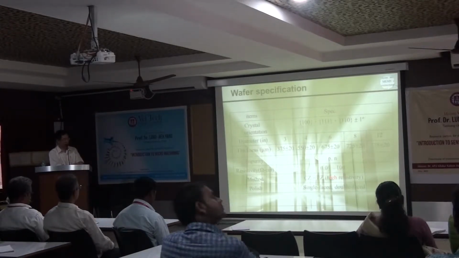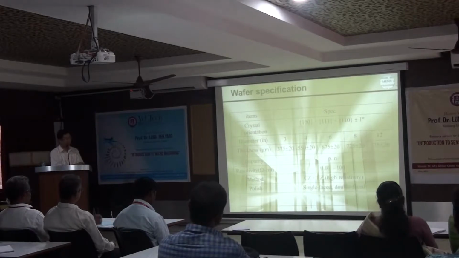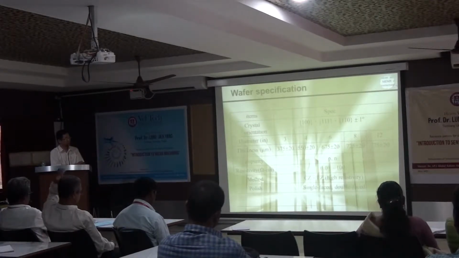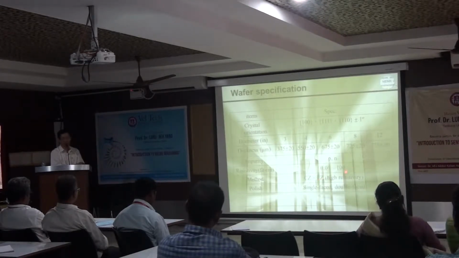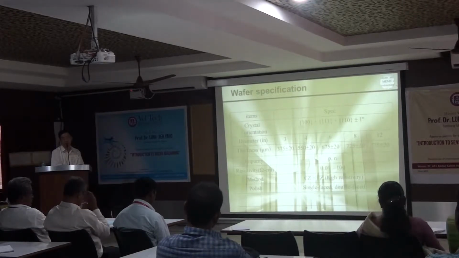So if you order resistivity, for example, 100 or 10, the methodology is always FZ. You cannot pick a specification in a random way. You can't say, I have CZ method, I want 100 ohm-cm. Impossible to provide.